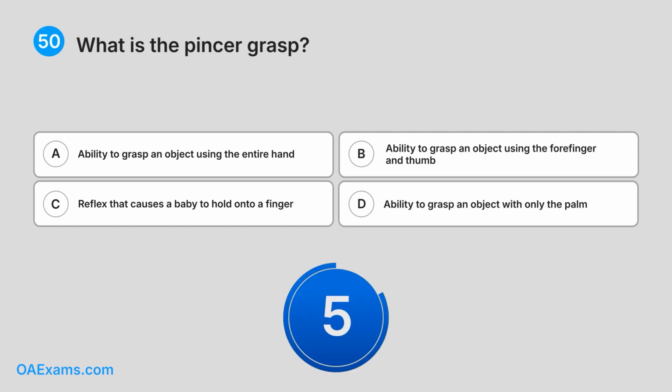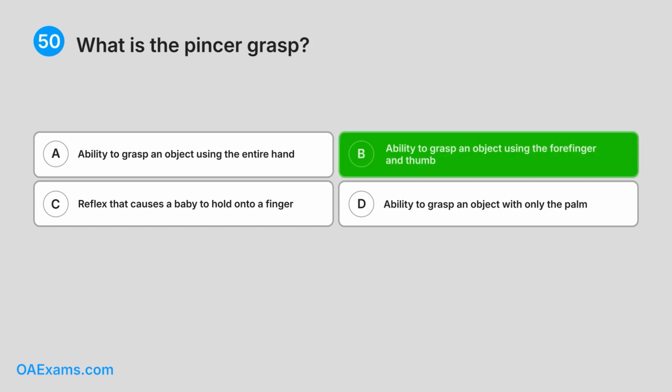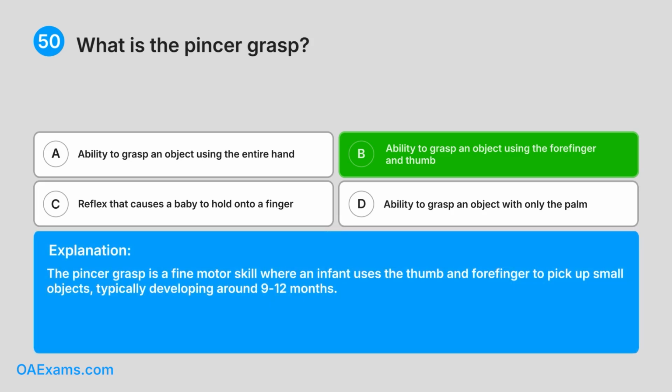Do you know the answer? Correct answer. B. Ability to grasp an object using the forefinger and thumb. Explanation. The pincer grasp is a fine motor skill where an infant uses the thumb and forefinger to pick up small objects, typically developing around 9-12 months.